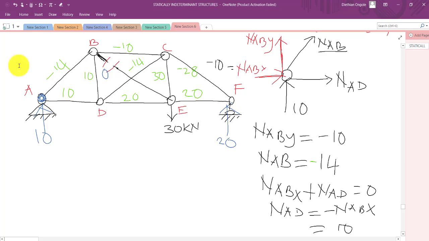So that is step 2 for finding the internal forces on the structure.